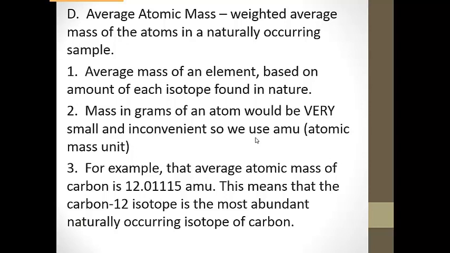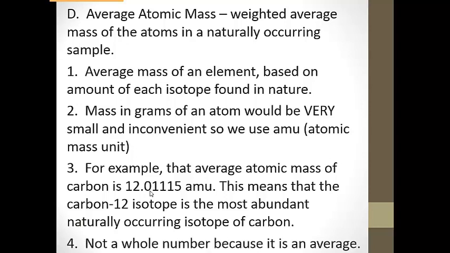Because the mass is so close to 12, though, we can make a pretty good assumption that carbon-12, which is a type of isotope of carbon, is the most abundant one, since the mass is closer to 12 than 13 or 11. So we can get an idea of which one we probably have the most of in nature. And it's not a whole number, again, because it is an average.